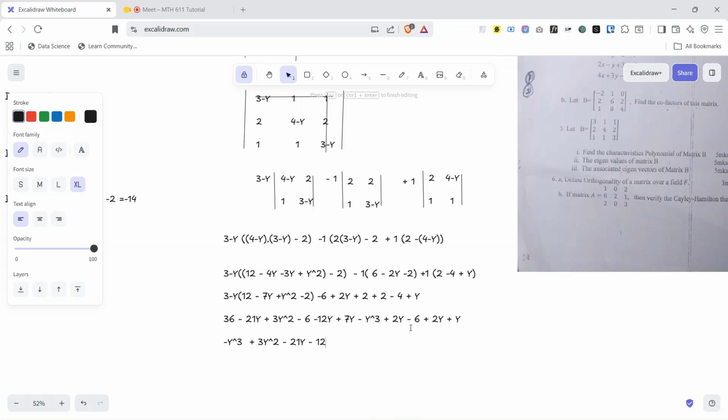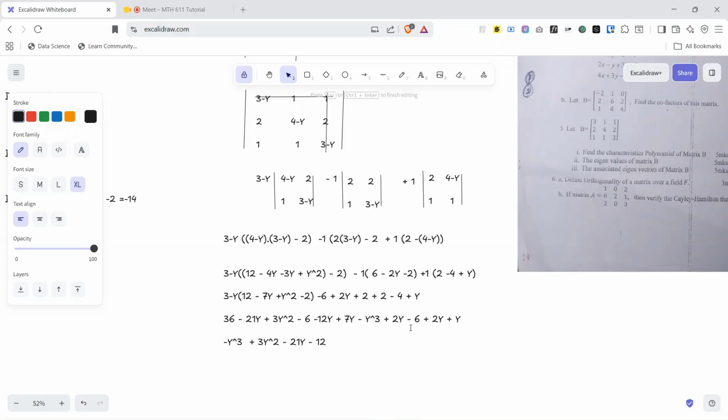Minus 12 for 3 plus y, minus 2, 6 minus 2, yes, minus 2 plus 2 here.